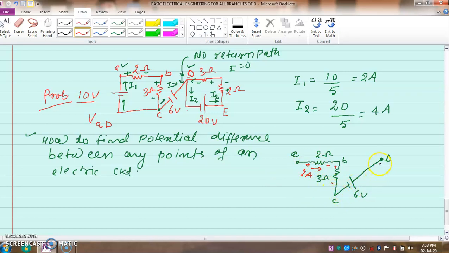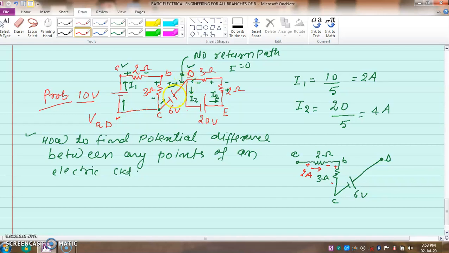Now C to D I have drawn. You can choose any path. Suppose someone says, okay, I am going this path from A, B, C, D. You can choose this path. Otherwise you can also go this path: A, then come to this point, then C, then D. Potential will be the same because potential is point dependent, not path dependent.